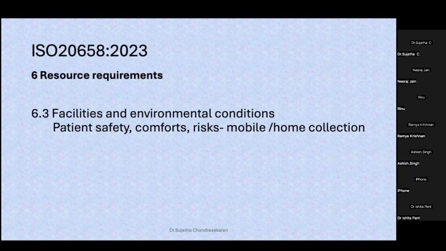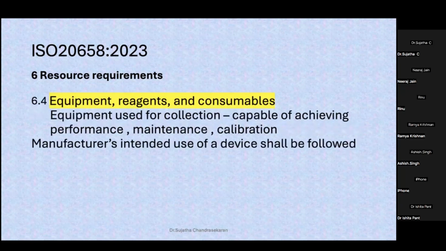For example, in home collection, the patient may not have a comfortable place to place his hand and submit himself for a venous collection. So the phlebotomist who visits home has to take all this along with him so that the patient is made comfortable and the sample is collected easily. And of course, they have to be trained well in emergency management and safety, biomedical waste disposal, everything.